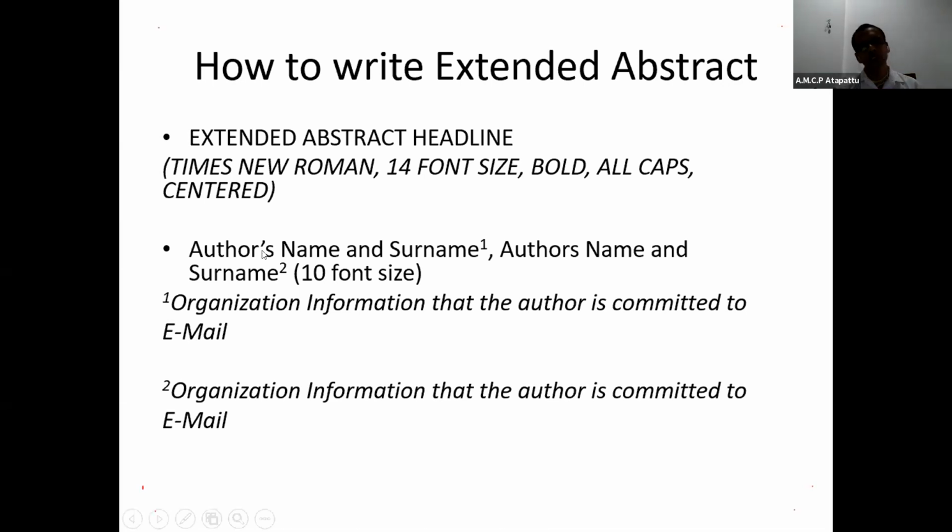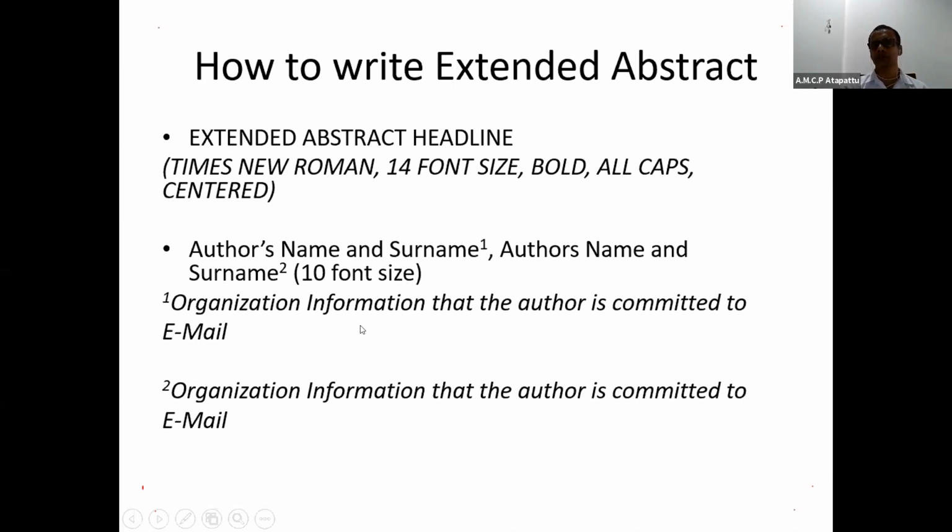Then when you are writing your author's name, you use it like this. The number 1 represents the organization. Which organization? CINEC campus. And include your email as well, that researcher's. This part write in italic.